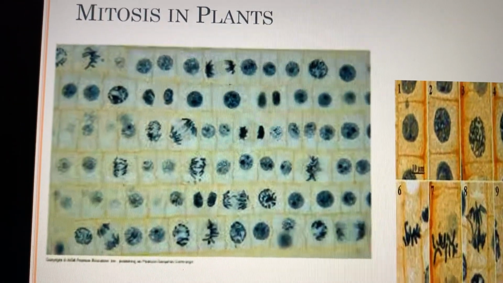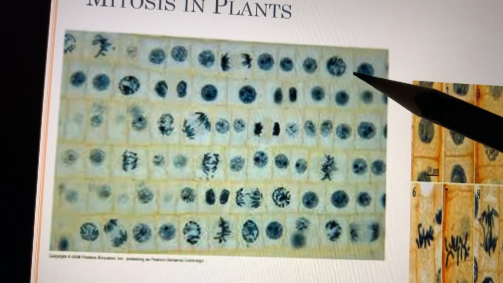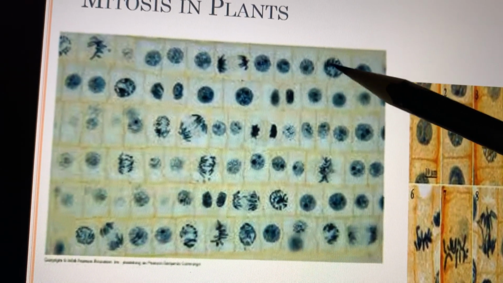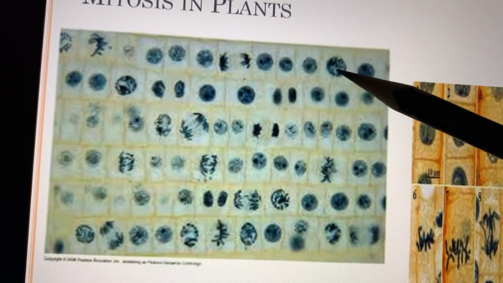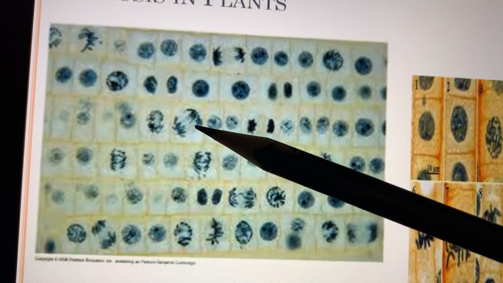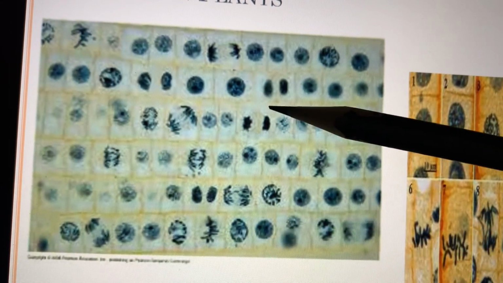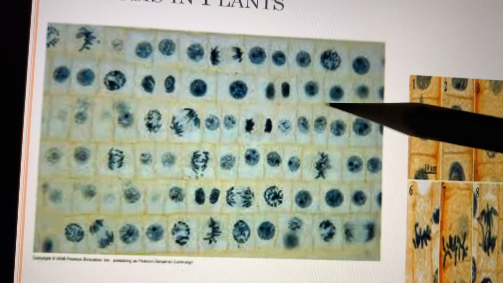Also, this is another picture that shows it very clearly. Look how it looks very dotted. This is because active chromosomes are there. This is anaphase. This is metaphase. And over here, cytokinesis. Hope this is clear.